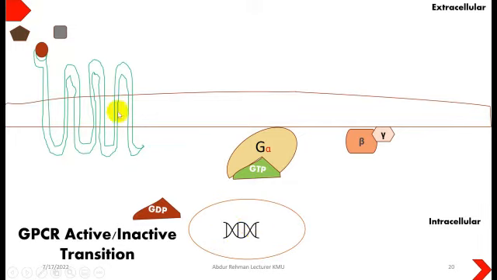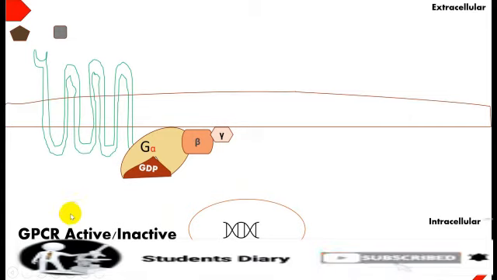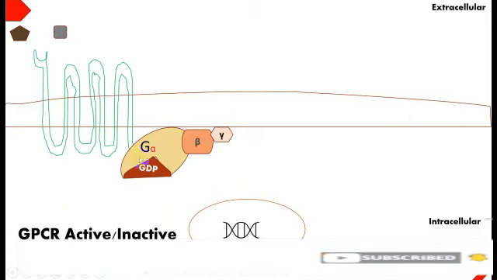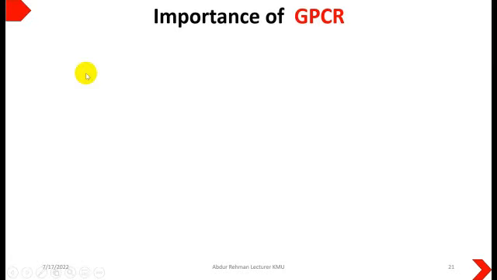But if the half-life of the ligand is completed or no more signal is available to the receptor, the GTP will be again replaced by GDP along with the movement of the G protein subunit towards the receptor to switch the G protein coupled receptor to inactive form, so that the cycle continues like a switch on and switch off mechanism depending on the availability of ligand. At the end, let's have a look at the importance of G protein coupled receptor.